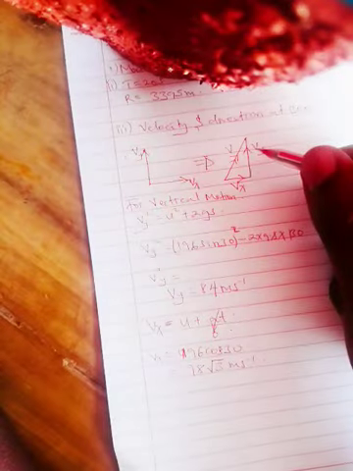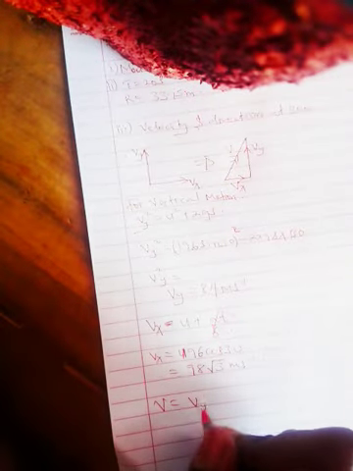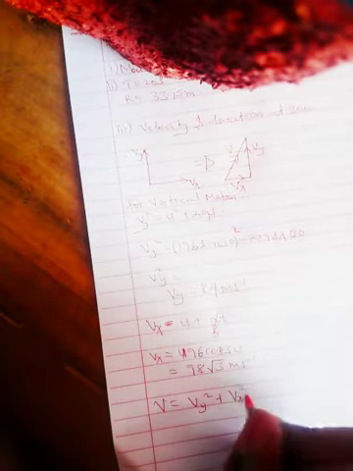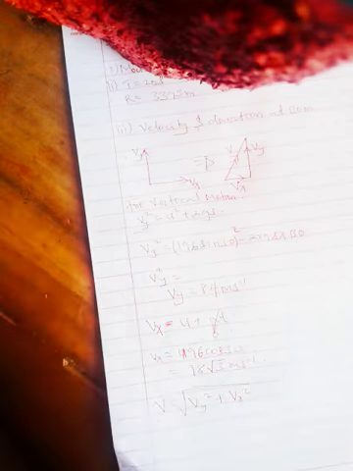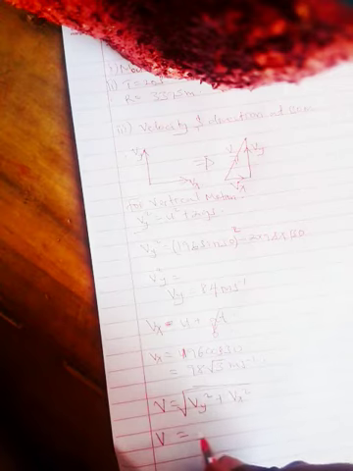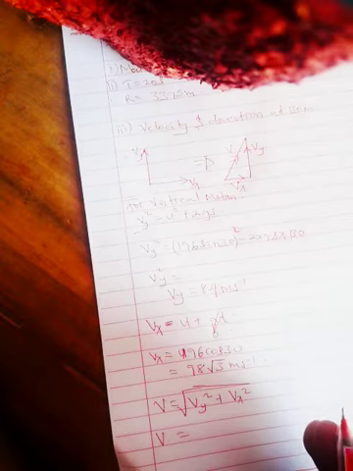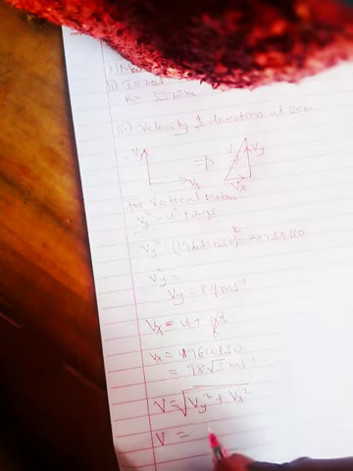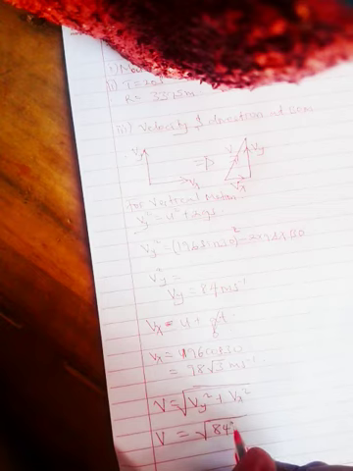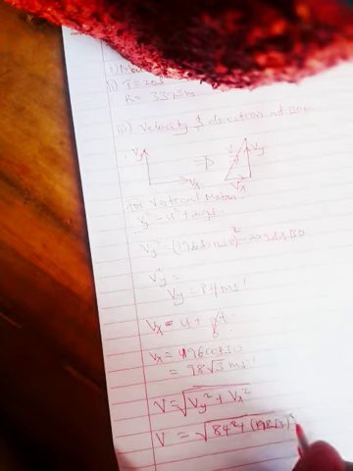Now from this triangle, you get V, the resultant velocity. V will be given as Vy squared plus Vx squared under a root. So you get V is equal to root of 84 squared plus (98 root 3) squared.